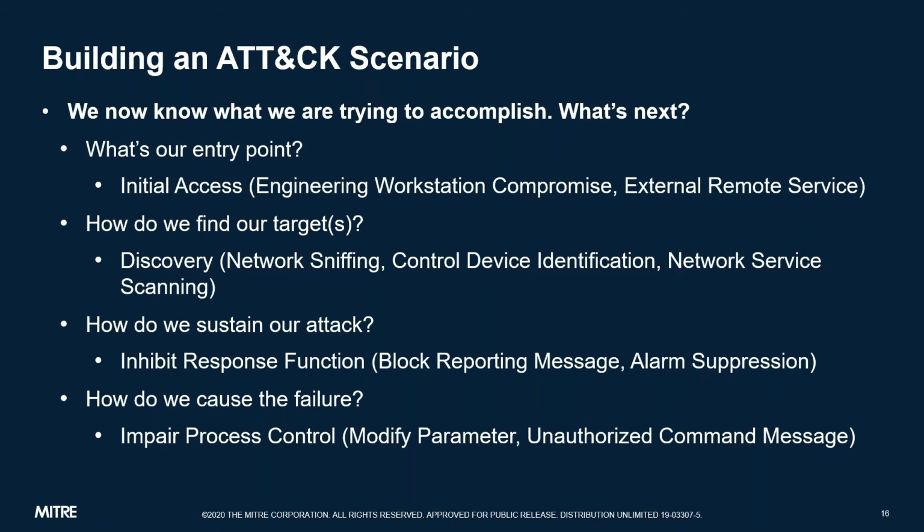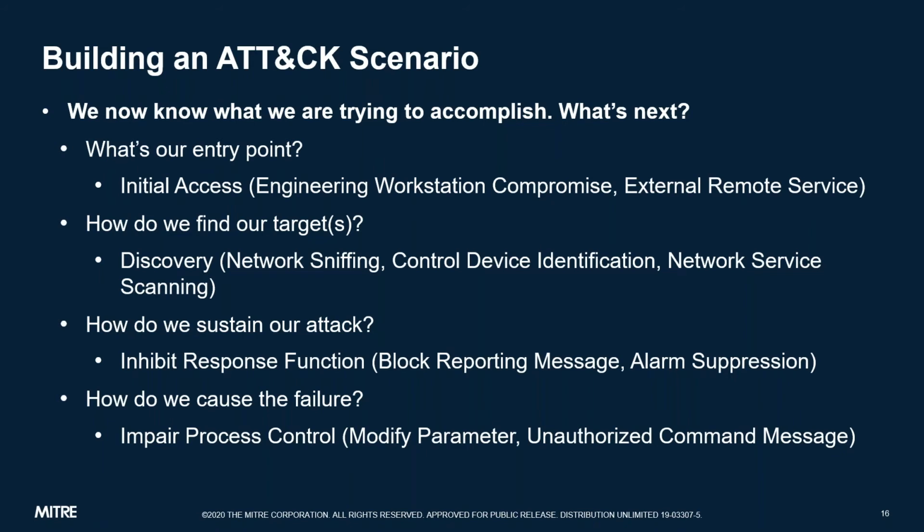So how do we find our targets? That's what discovery is for. We may have to do network sniffing. We may have to actively try to identify control devices with different clues on the network, or we may have to do some service scanning. And then we have to think about how we sustain our attack. We don't want somebody to interrupt or step in to stop what we're doing, so we need to block reporting messages, as I said before, and then suppress alarms.